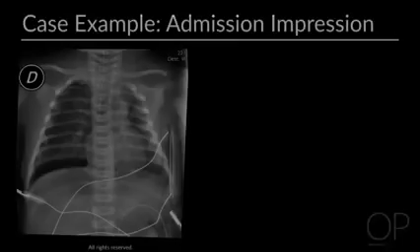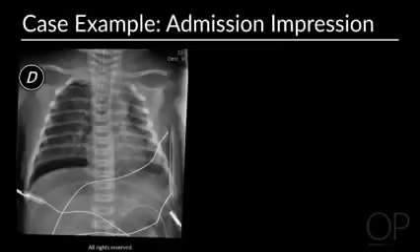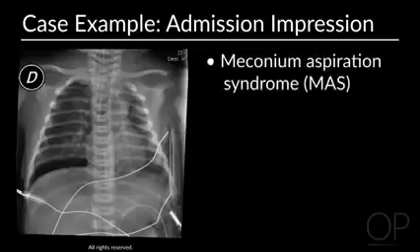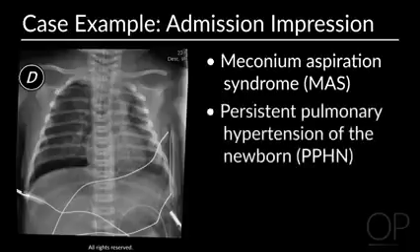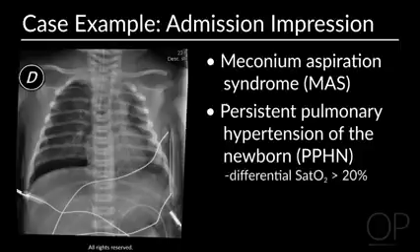Taking into account the history and looking at the chest X-ray, the admission impression is that of a meconium aspiration syndrome complicated by PPHN, which was demonstrated by a differential saturation between the preductal and the postductal oximeter probe of more than 20%.